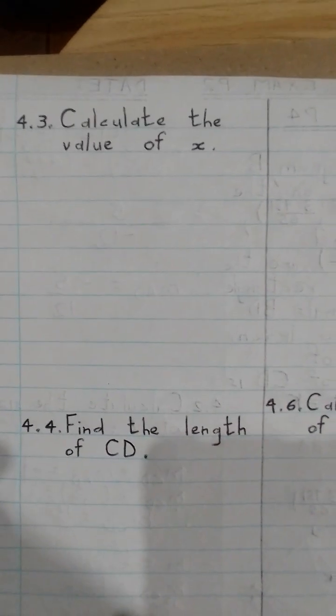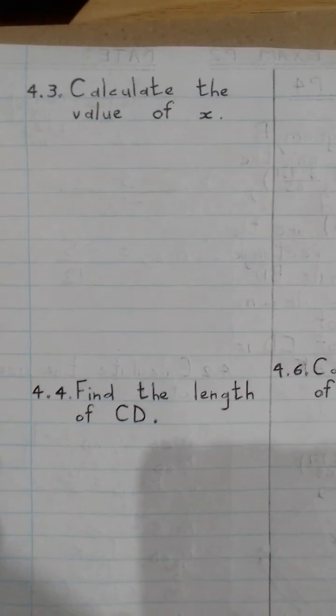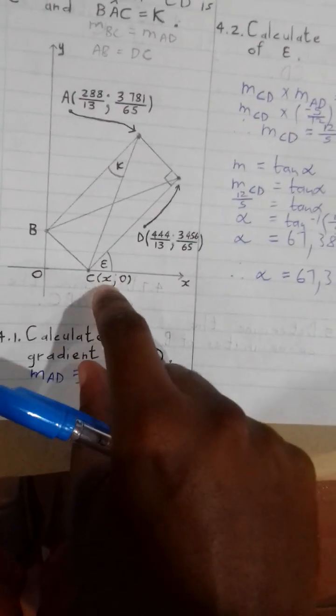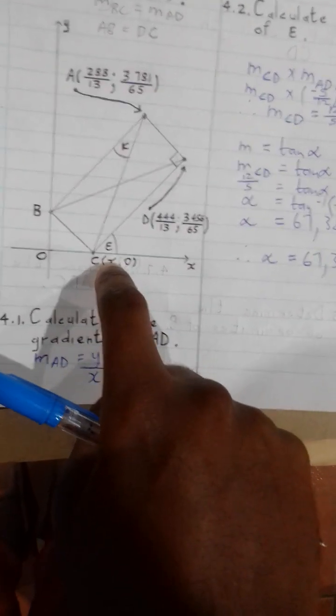4.3 states calculate the value of x. Here is x, right? We have the gradient of CD. The gradient of CD is 12 over 5.